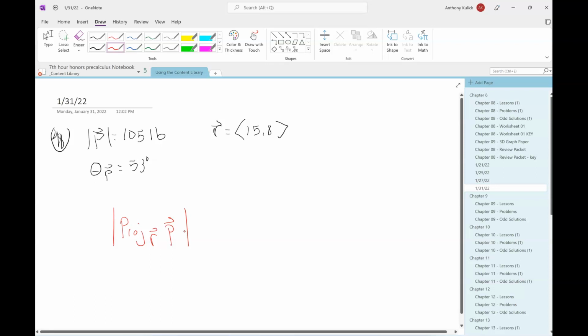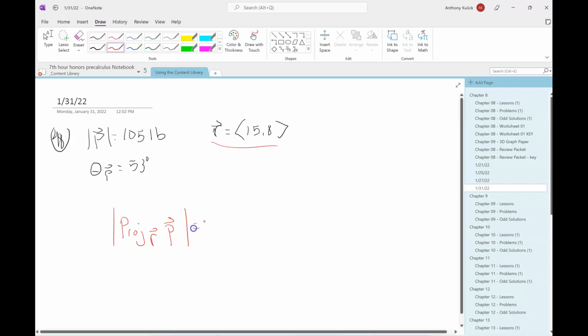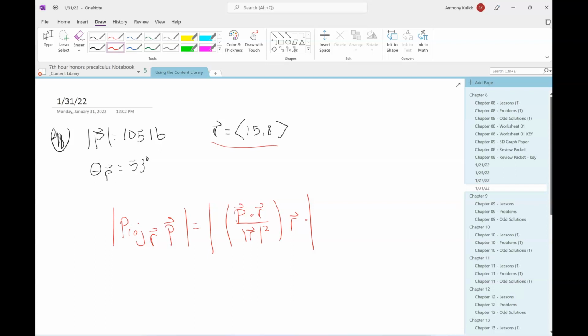Noted here right away that the ramp vector, not a unit vector, obviously. We can look at it and see that. That tells me that I got to do this the long way. So I'm going to use the full projection formula for my vector. Cool.